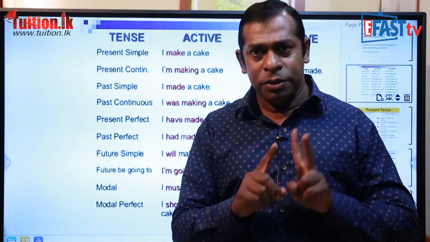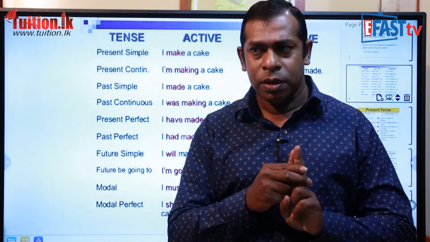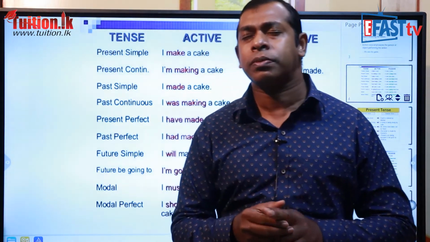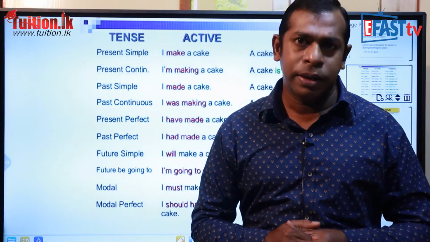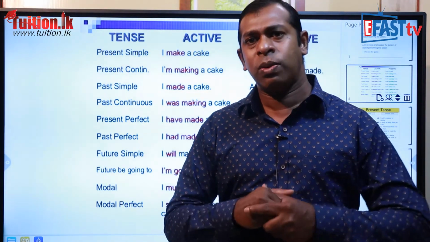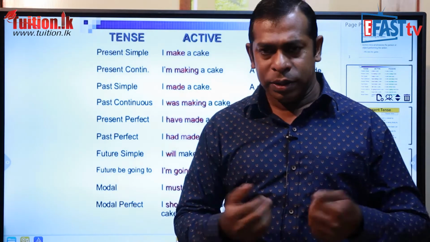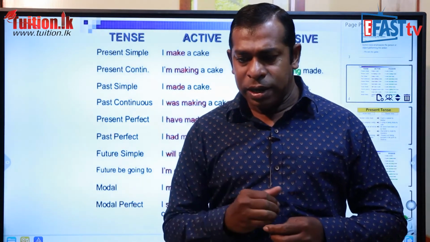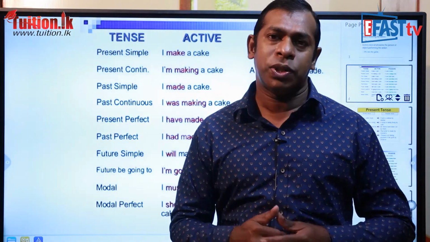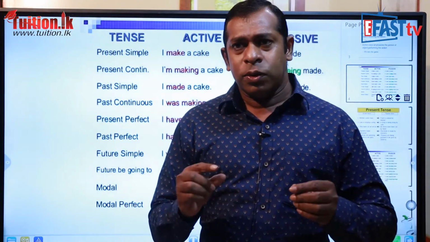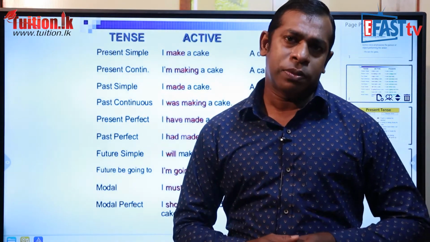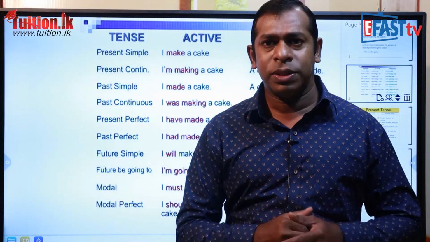So the second rule is we need transitive verbs for making passive voice sentences. Next, let's say, child grows fast. Fast is an adverb, so that has no object.